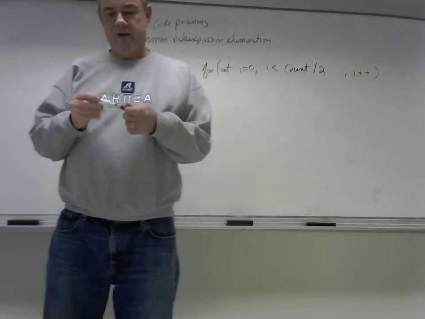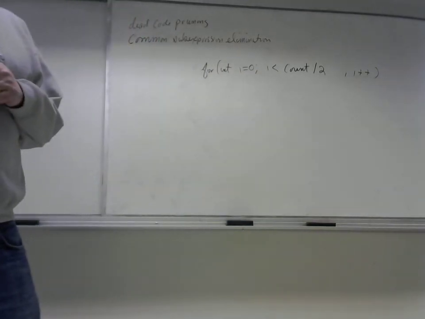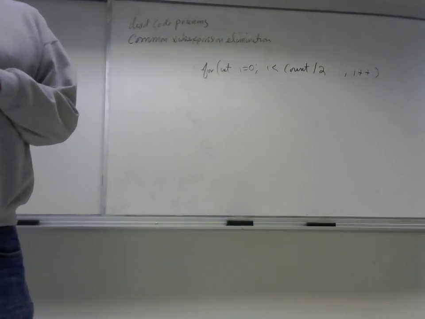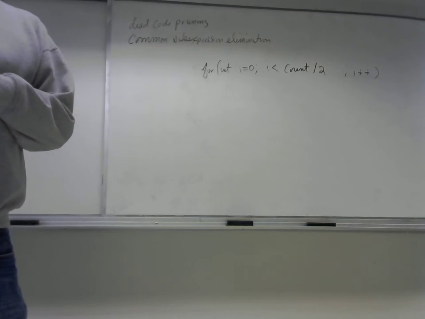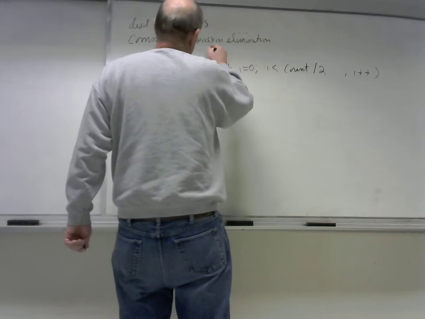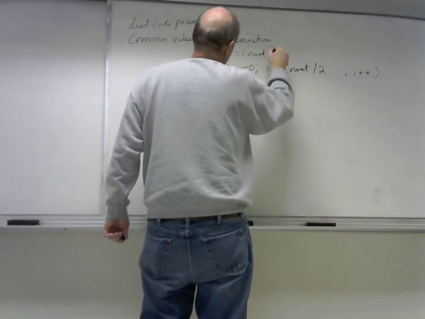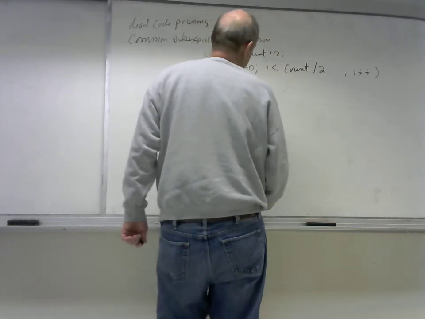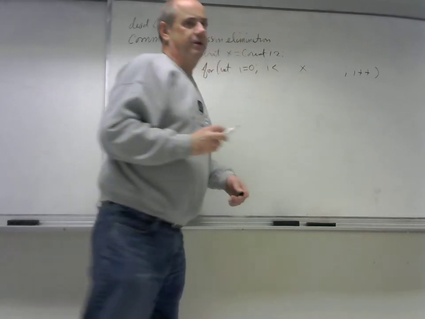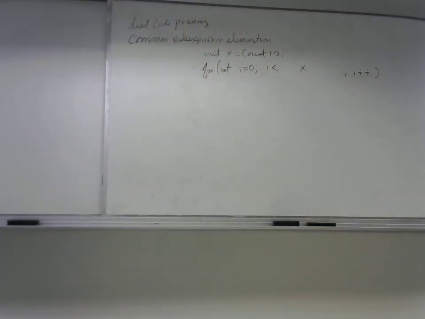If you loop 1,000,000 times, how many times do you calculate count over 2? 1,000,000 times you do the same thing, and are you going to get a different answer at any point? No, it's always the same. So you would say int x equals count over 2, or better, a shift, and then in here you can put x so that you calculate it only one time. Okay?